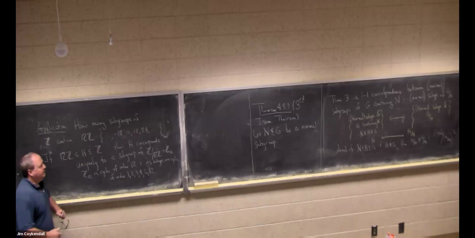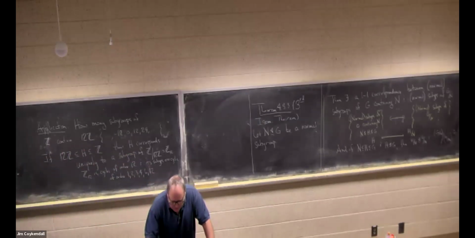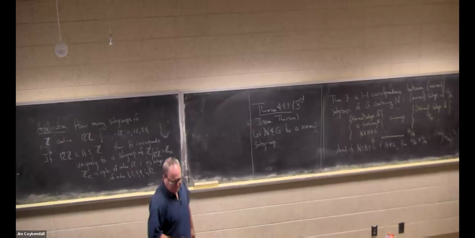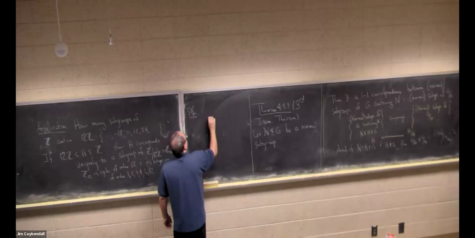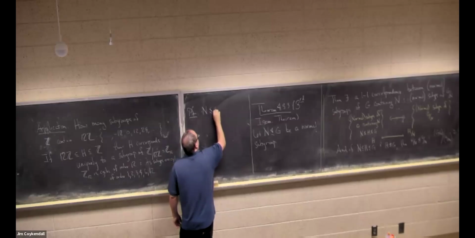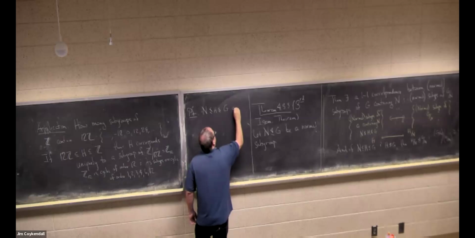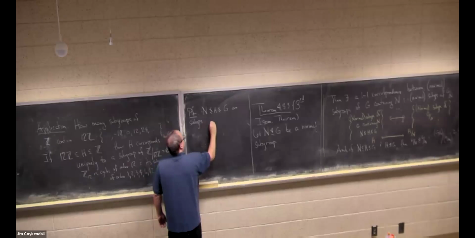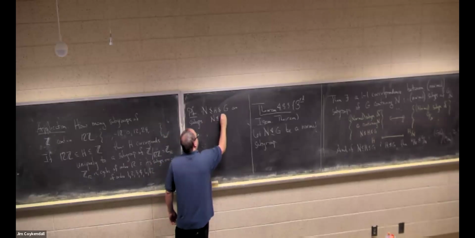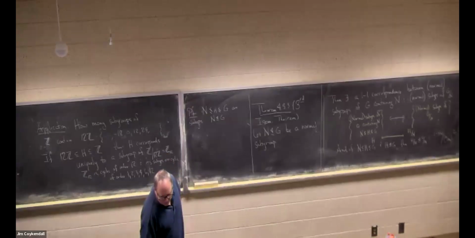I'm going to go over the details of the correspondence part. Suppose H is a subgroup of G containing N, and N is normal in G. Here's the way the correspondence works.